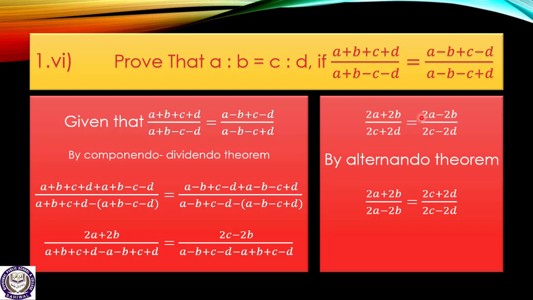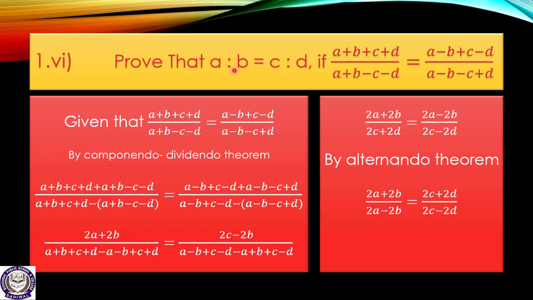To interchange the places, we have to use the alternando theorem. After applying alternando theorem, we get (2a + 2b)/(2a - 2b), which is equal to (2c + 2d)/(2c - 2d).